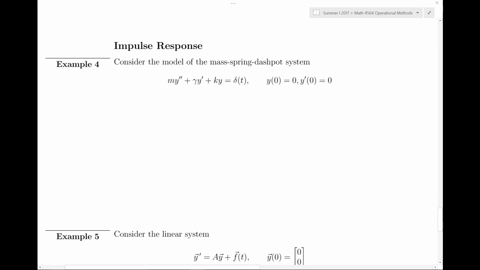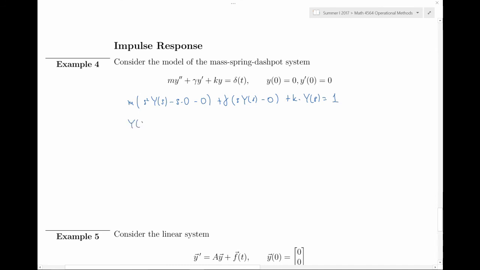Doing the Laplace transforms will get us m times s squared times y of s minus s times 0 minus 0 plus gamma times s y of s minus 0 plus k times y of s. And that should be the Laplace transform of a delta function, which is 1.